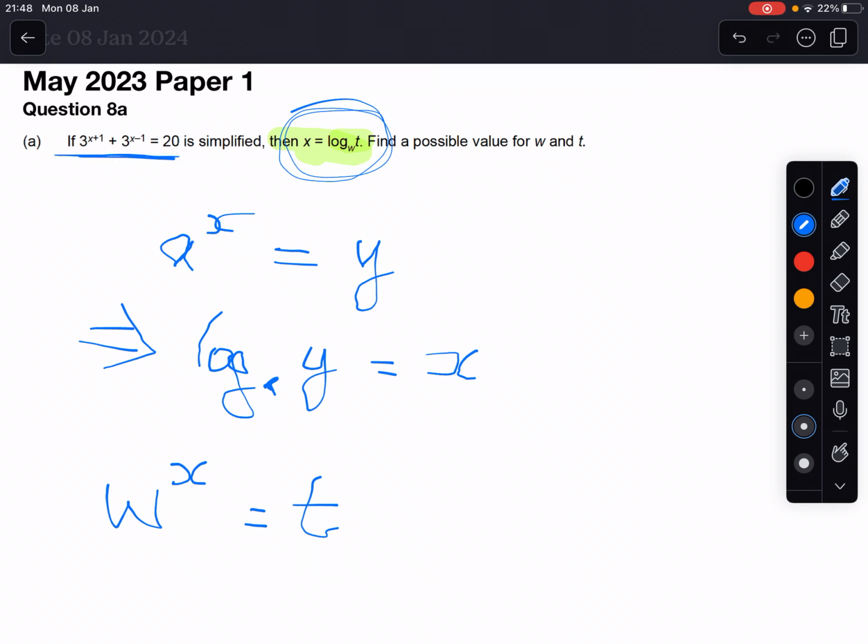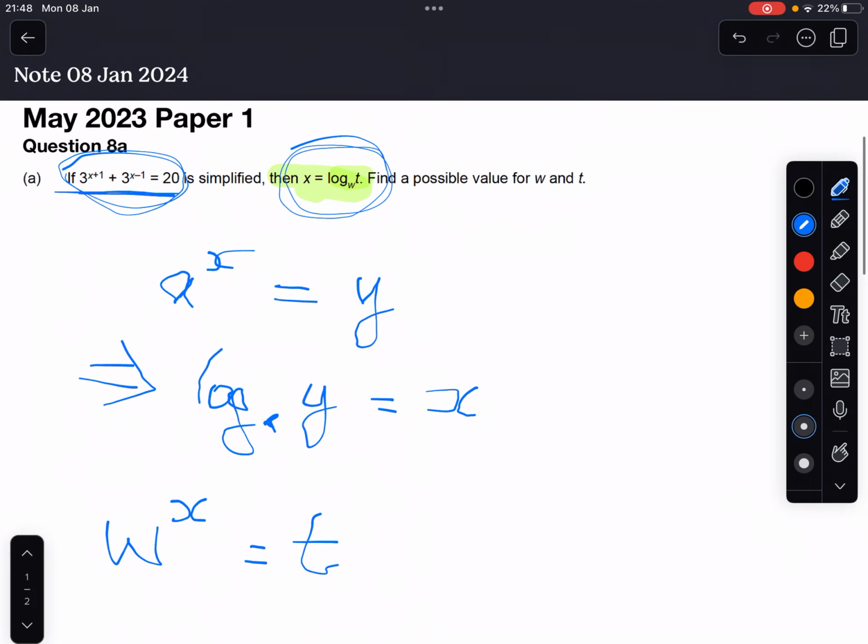We want to get it from looking like this to looking like that. That's promising because we do have x's in the exponents, and so it's a matter of somehow getting the left-hand side to become one term, and then saying that's equal to some number on the right-hand side.